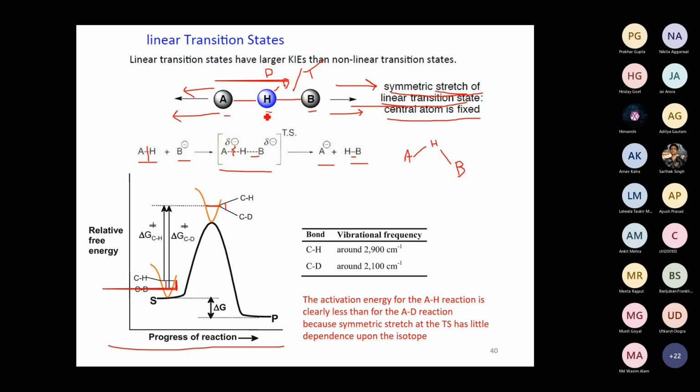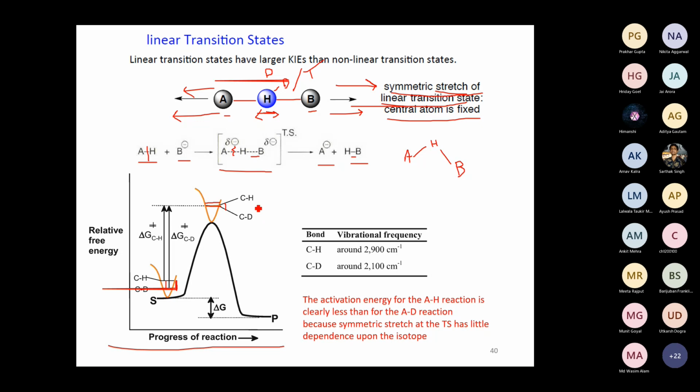So in those cases, H might have a little bit of vibration, right? It may be possible. In those cases, definitely kH/kD will also be high, but you may see some differences there. Do you understand?